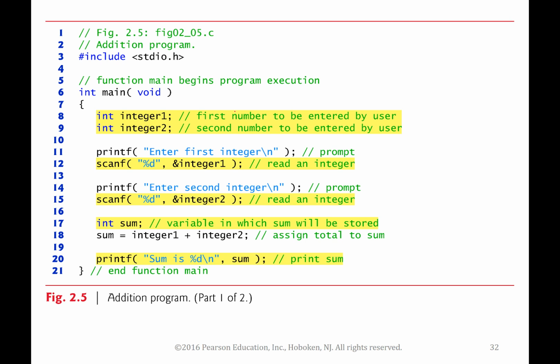So first thing we've done here that's new is we've declared 2 variables. These are places in memory that contain information. So integer1 and integer2 are the names of variables right there, and they're of type int.